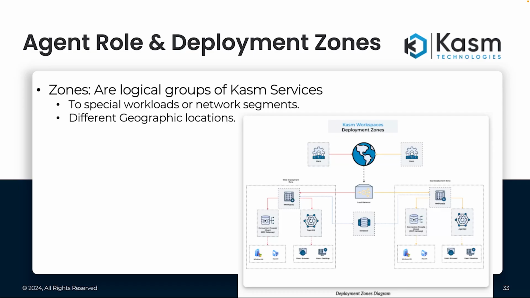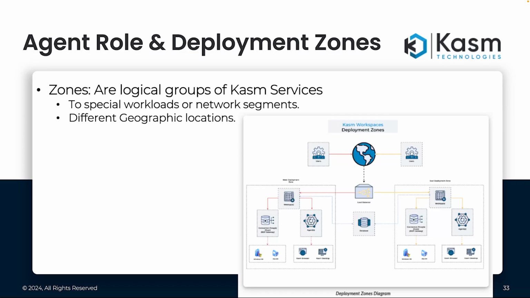Could be a different geographic zone for you. Could also be a particular, shall we say, private or more sensitive network space that you have access to by workspaces in that area. So maybe there's specific content within a zone that you don't want to necessarily have available to all of the agent role servers, right?